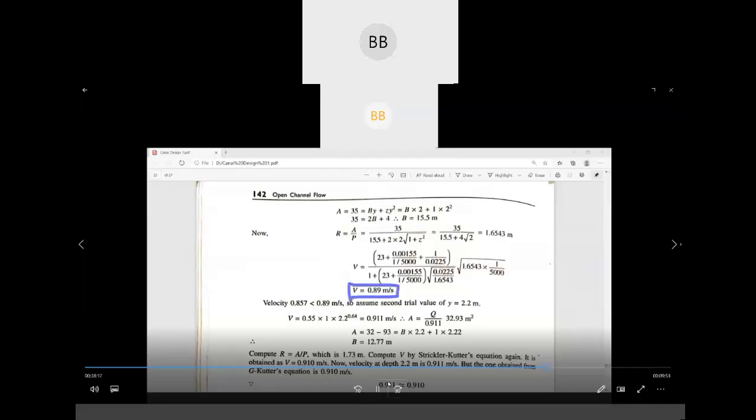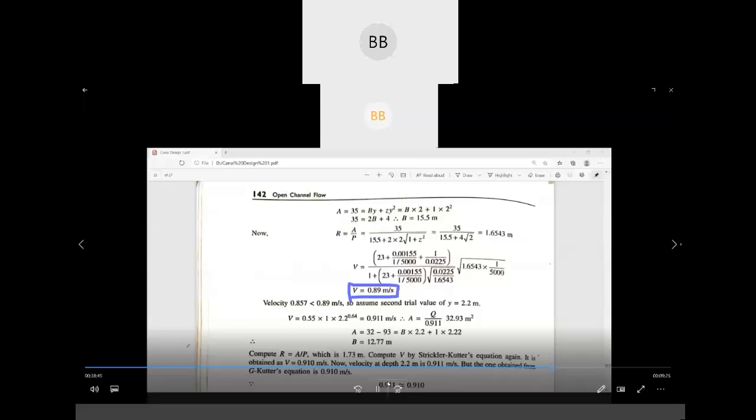Now we have to compare the velocity you calculated in step number 2 and the velocity you have calculated just now. If both velocities are the same, then we can proceed. If both are not the same, then we have to go back to our first step and assume another value of y, or go for a second trial.